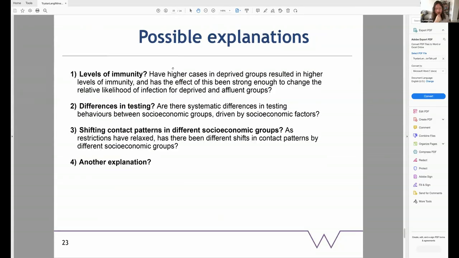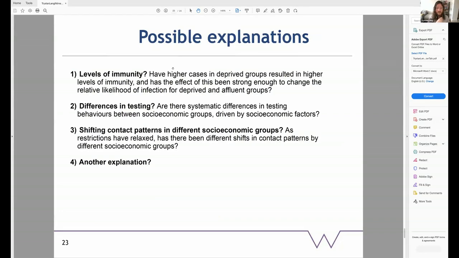So I think Alison has already touched upon these possible explanations for this shift. Is it because of high levels of immunity in deprived groups, so the depletion of susceptibles, and has this effect been strong enough to change the relative likelihood of infection in deprived and affluent groups?